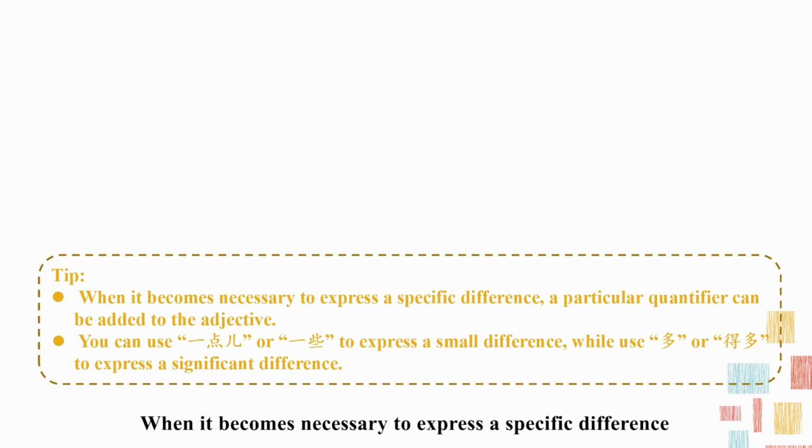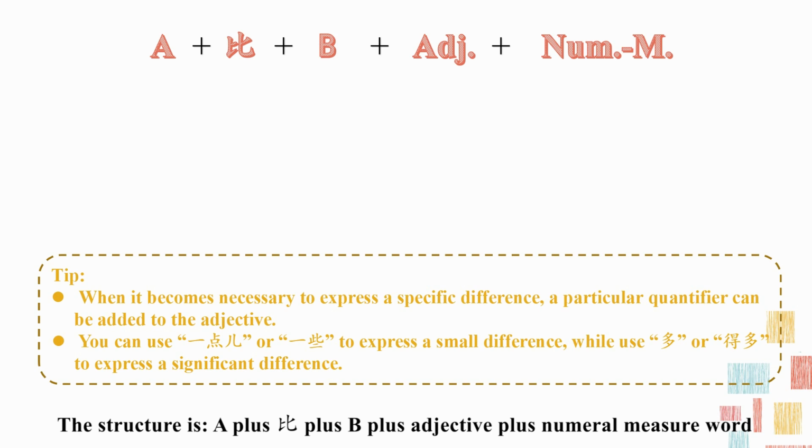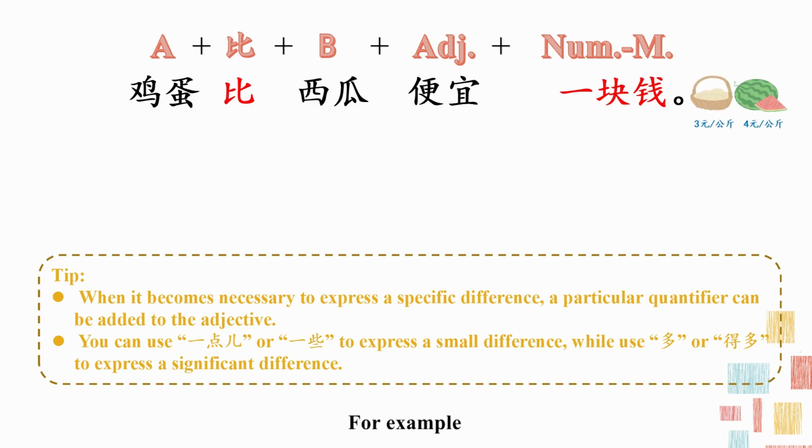When it becomes necessary to express a specific difference, a particular quantifier can be added to the adjective. The structure is A plus 比 plus B plus adjective plus numeral measure word. For example, 鸡蛋比西瓜便宜1块钱 The egg is 1 yuan cheaper than the watermelon.